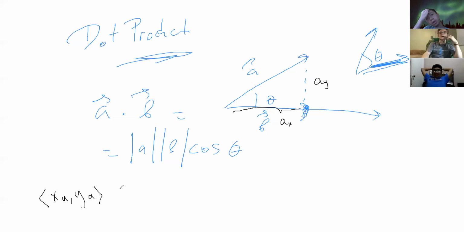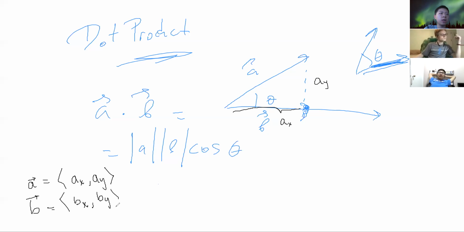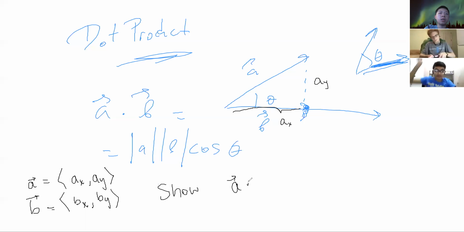All right, so we're just gonna be tagging this as an extra problem on the P set. It would be to show that given vector A is equal to a sub x, a sub y, or you can rename these if you want, and given vector B is equal to b sub x, b sub y, then show that these two definitions of the dot product are the same.